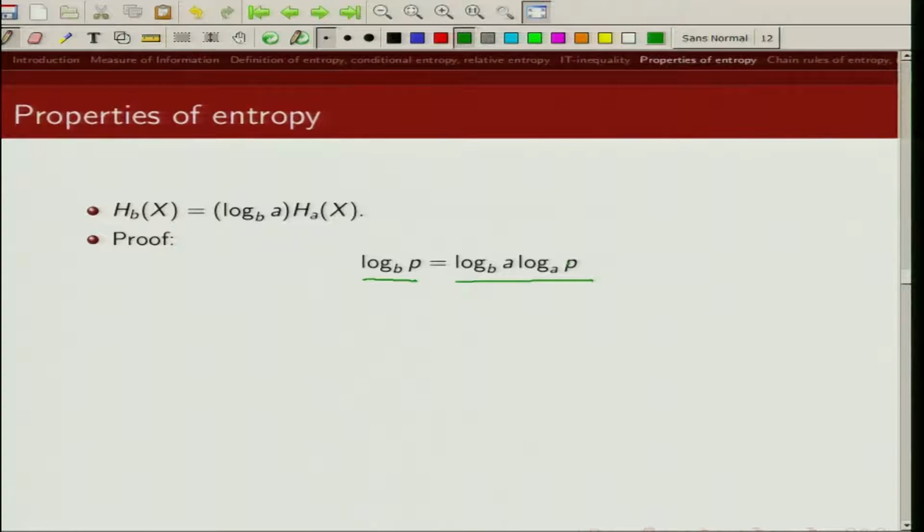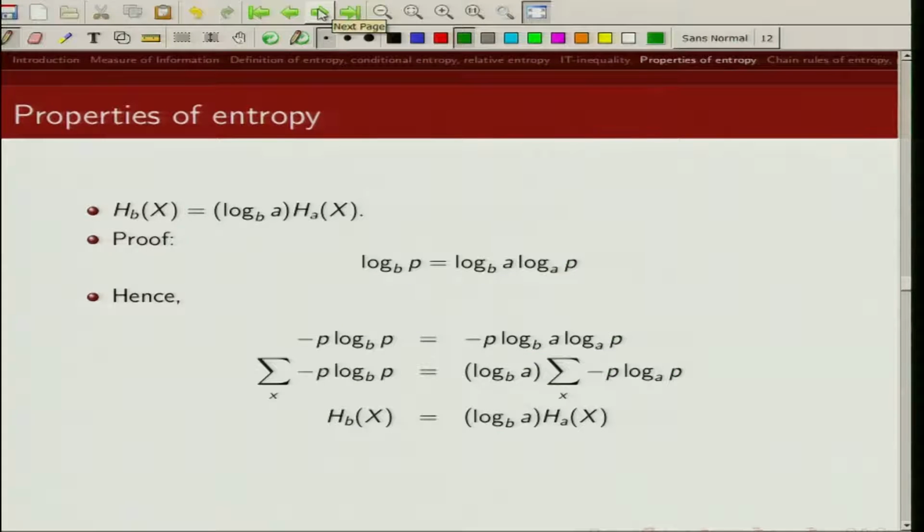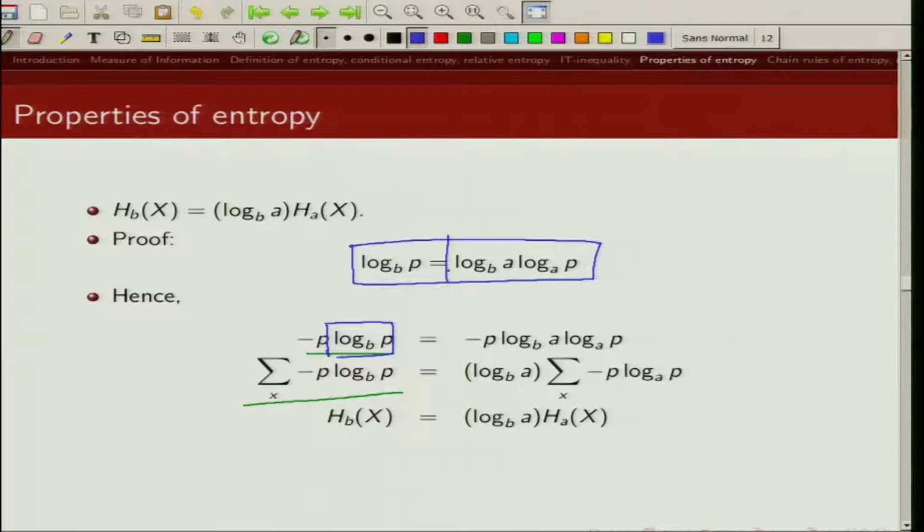Now, what is the definition of entropy? We have to compute entropy to the base B. So, we have to compute minus P log of P, and sum it over the support set of P. Now, we know that this quantity is equal to this, so we replace this by this in the expression. Now, we are summing over the support set of x.